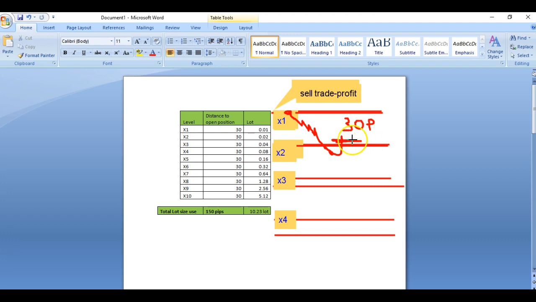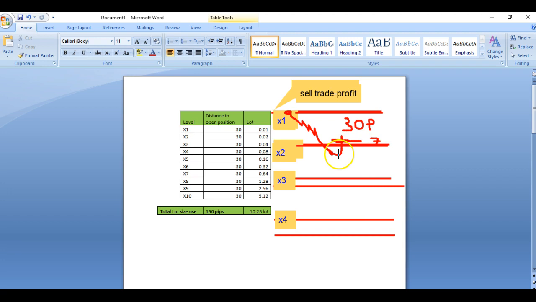This is the SL, and this SL will cover your losses. Let's say your profit, and your X2 is losing, but only maybe 7 pips or 8 pips. So you are earning about 23 pips here, because you minus off 7, but your X2, you are losing 7 pips, so you're still earning.